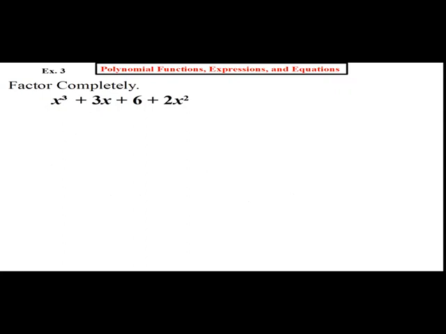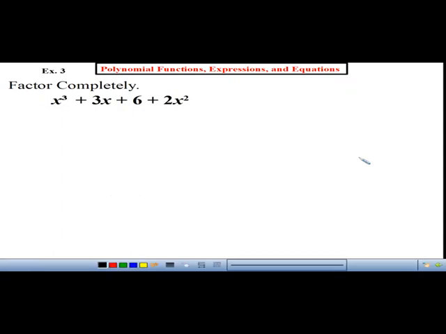Step 1, standard form. Is it in standard form, guys? No. This one is 3rd degree, this one is 1st degree, this is 0 degree because it doesn't have a variable, and this is 2nd degree. So let me rewrite it: x cubed, then positive 2x squared, then positive 3x, then plus 6.